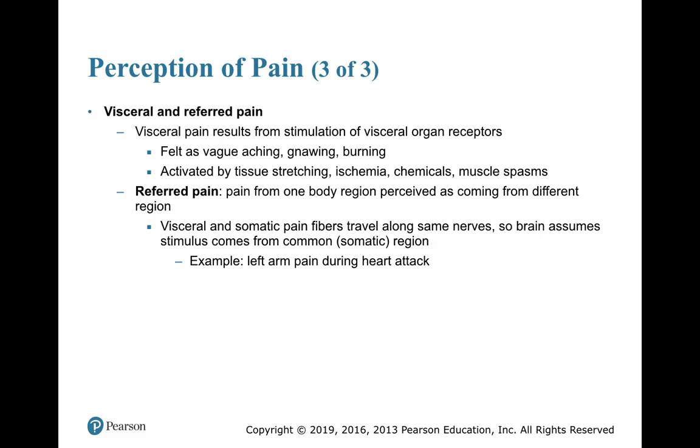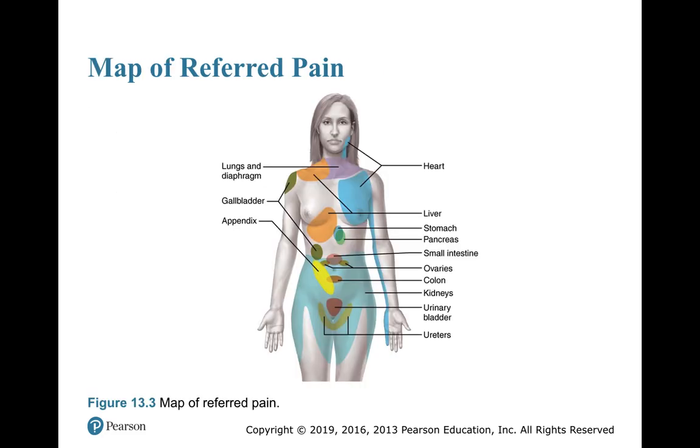So left arm pain during a heart attack, jaw pain during a heart attack, and there are others. The lungs and the diaphragm often show up on the left side of the neck and shoulder, whereas the liver often shows up on the right side and even in the area where you might expect it from the liver.